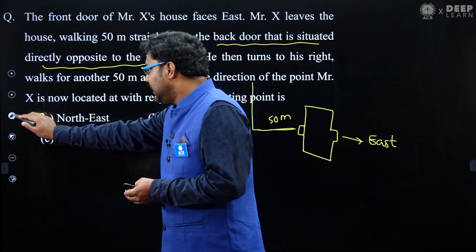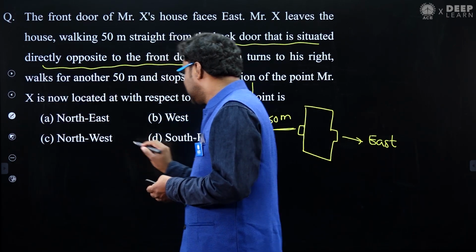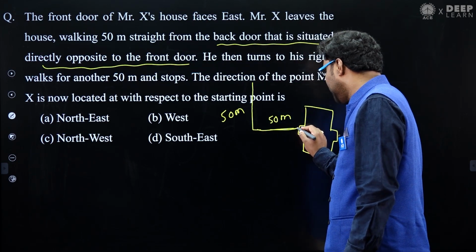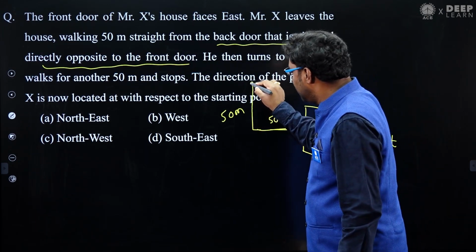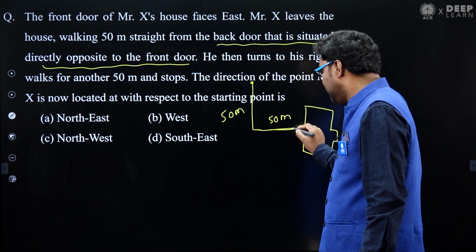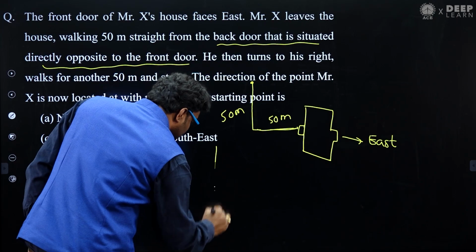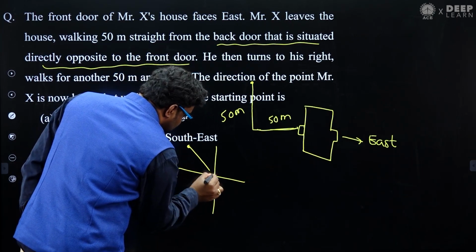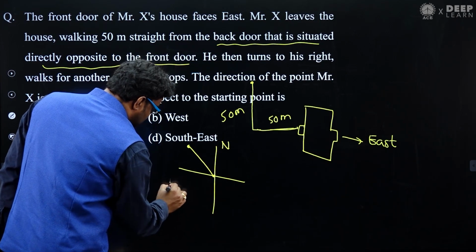Now they are asking, Mr. X is now in which location with respect to the starting point. The starting point is this, and now he is here. This is north, west. In directions, we take the starting point at the center. The final point is both north and west.